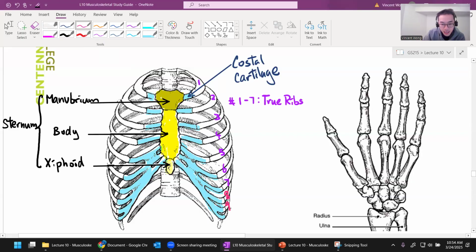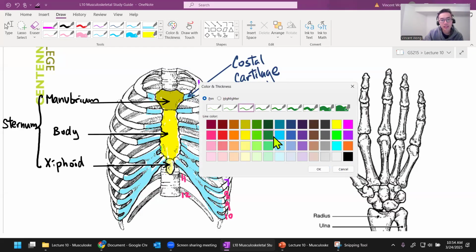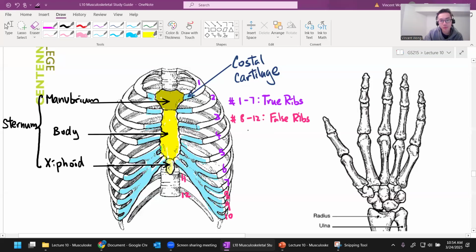Okay, it's going to be hard to do the next 5. So 8, 9, 10, and then 11 and 12. Number 8 to 12, false ribs. So they kind of piggyback on the costal cartilage of number 7 and have an indirect connection with the sternum. And within the false ribs, 11 and 12, they are floating.